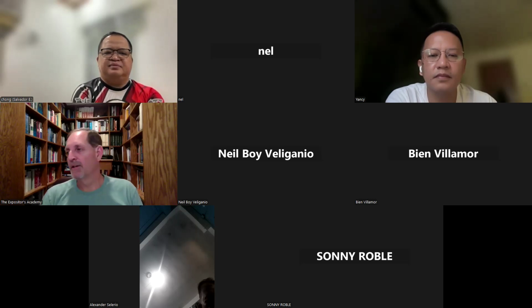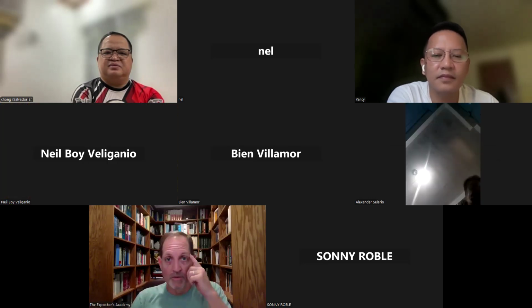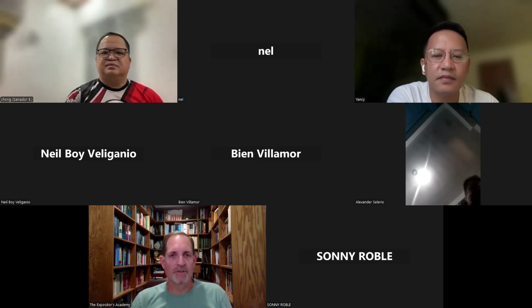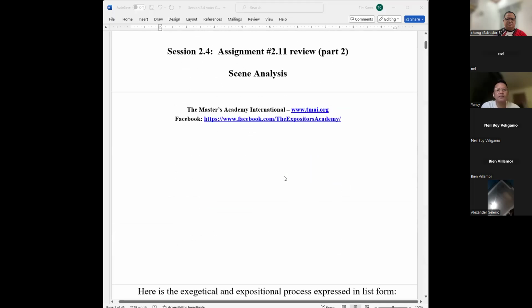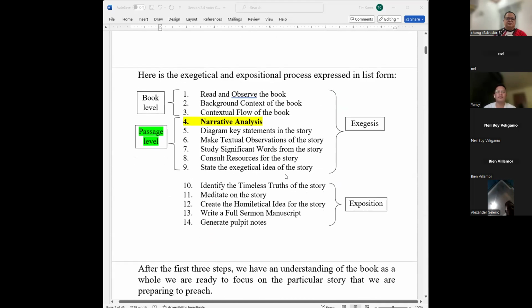But for now, our focus is on narratives and just going over them. We've so far covered the first few steps in the process of doing narratives, which is the reading and observation of the book, then looking at the background context of the book, the contextual flow, and now we've been working on the narrative analysis.